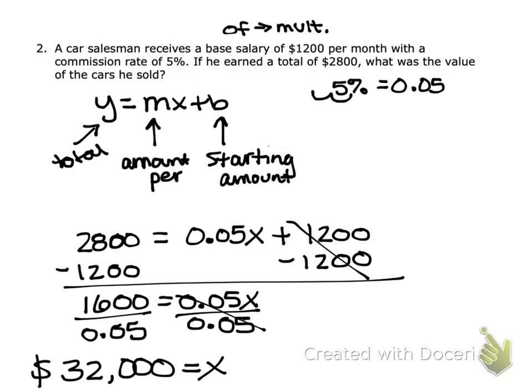Would it logically make sense that he sold $320 worth of car sales and he made $2,800? No. So you want to think through things like that. Like if you had written that and you got an answer of 320, you would want to say, okay, something's wrong, and backtrack to what it was. Now we could get to our answer. We'd multiply by 100. Move the decimal twice.